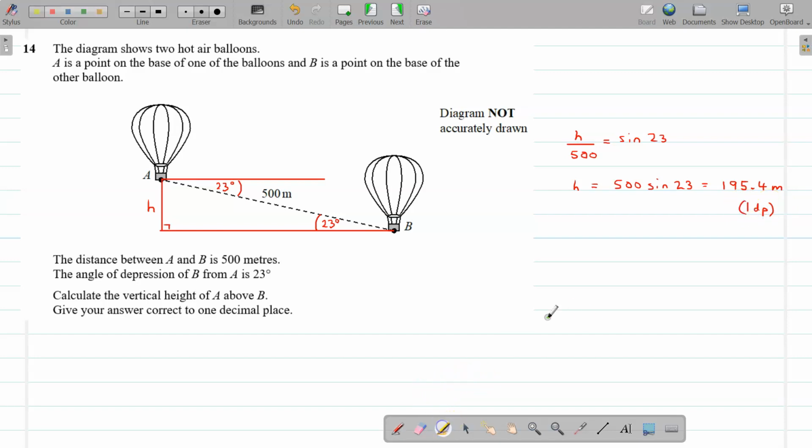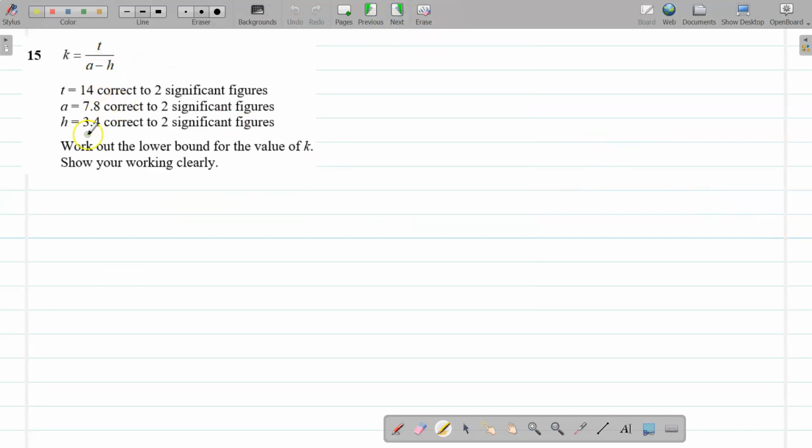Okay, so just read the question carefully. Quite often they would ask that to the nearest meter, but in this case they want it to 1 decimal place. Okay, next question.